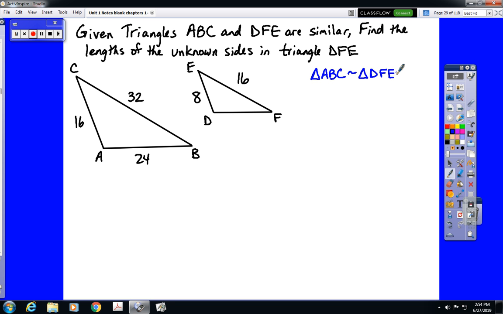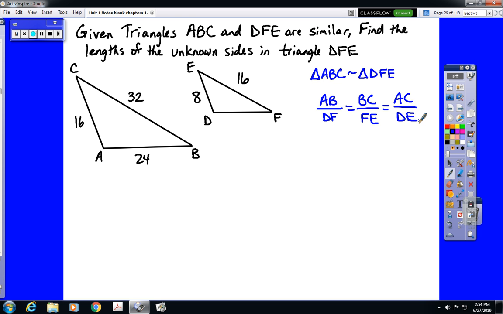Now, what that means is that side AB is to side DF, as side BC is to side FE, as side AC is to side DE. They are proportional.